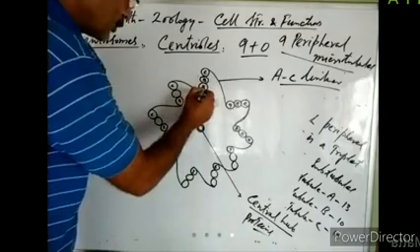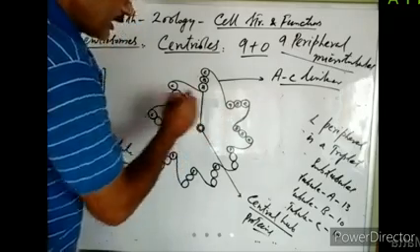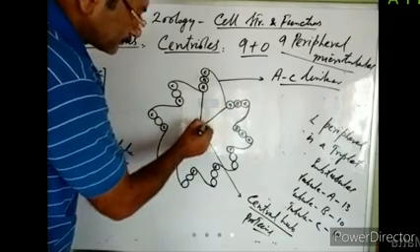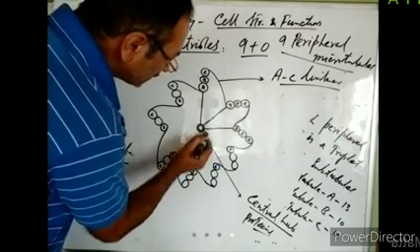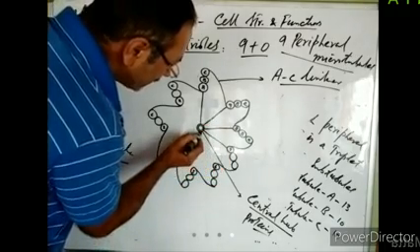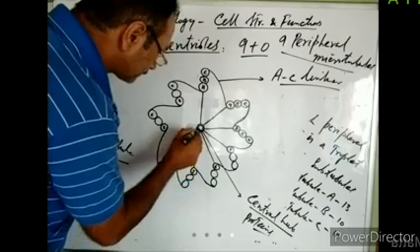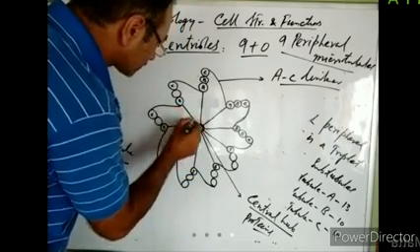Then each subtubule A is joined to it by a dense material protein thickening known as radial spoke. These are the radial spokes.